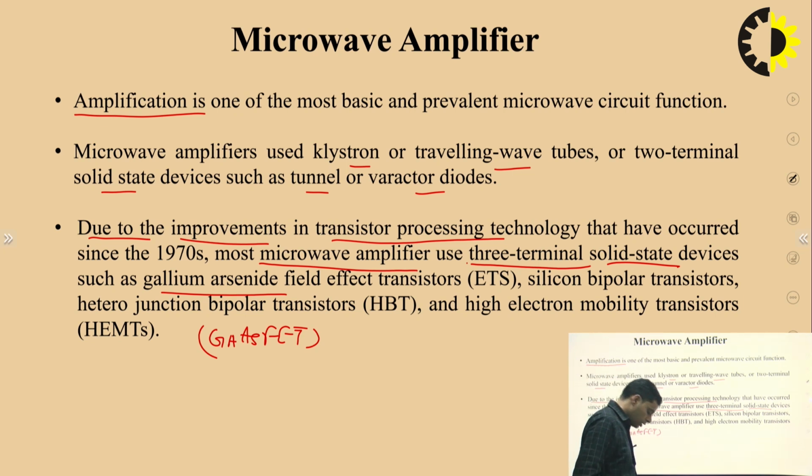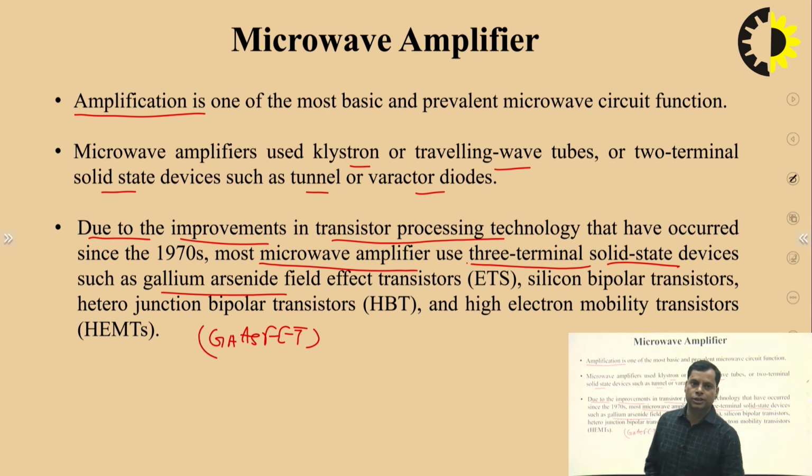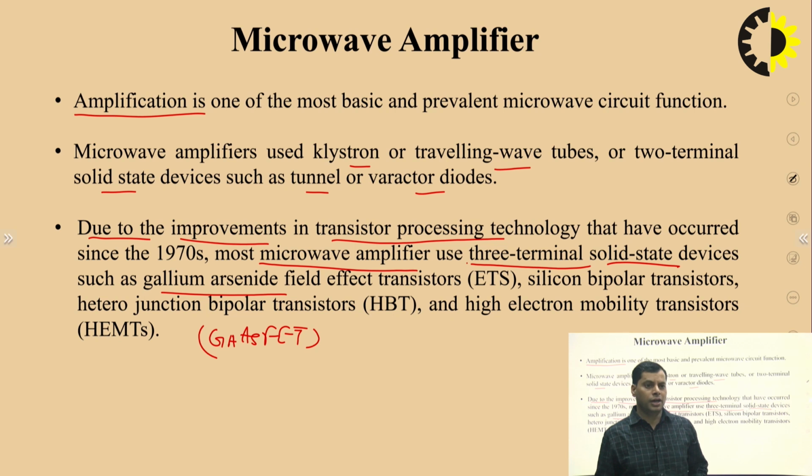So the classification of amplifier design is based on the selection of the transistor, either two terminal solid state devices or three terminal solid state devices. In this series I will focus on the three terminal solid state devices.